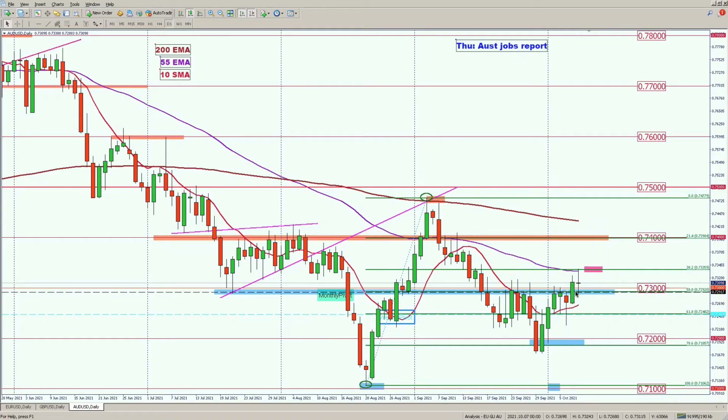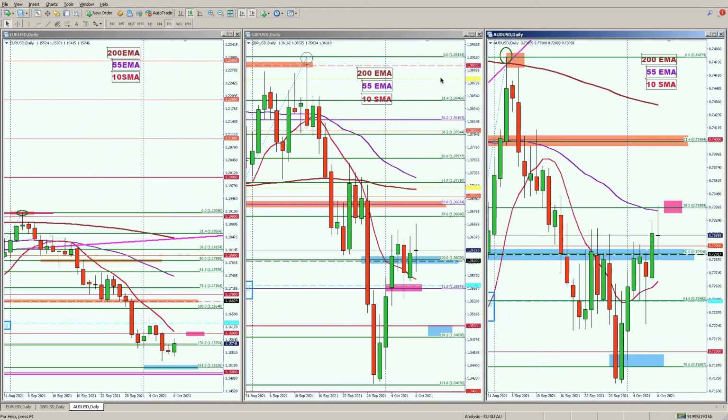So critical support at the monthly pivot and the 0.7300 area. Let's see if it's able to hang on. This is going to be a critical resistance.